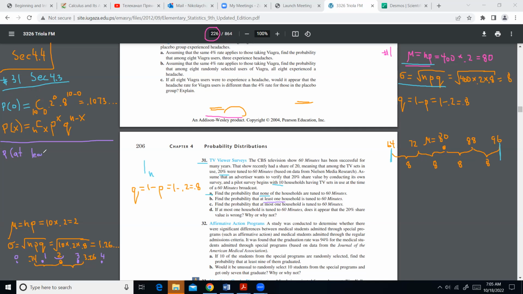At least 1 watching the show is the same as 1 minus the probability that none of them, or 0 people, are watching the show, right? So when you subtract from 1 the probability, which is 0.1073, well, you get 0.8927. So here's the approximate result.